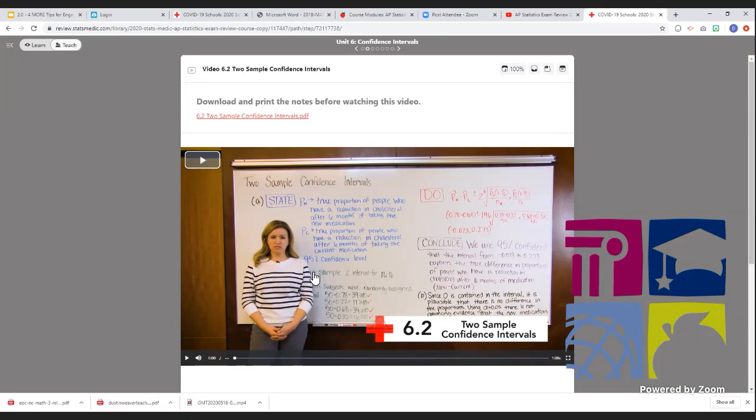Then you name the test or the interval. The interval is basically the do part, but your calculator can just give you the interval, so you don't have to show your work on that. And then C is your conclusion. All right, so let's go ahead and do the two sample confidence intervals.